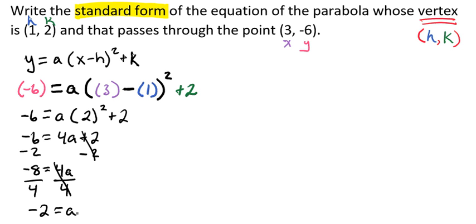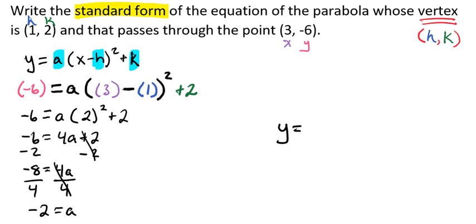Now we can finish writing our equation, which is y equals. Remember we're writing our equation, so we keep the y and the x as a y and an x, and we replace the a, the h, and the k values.